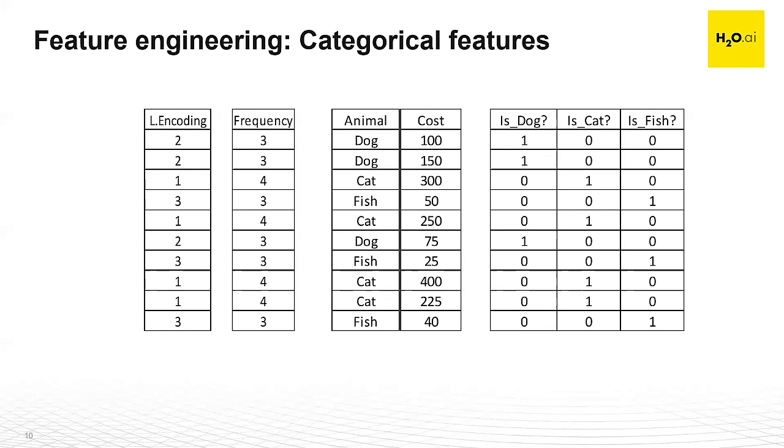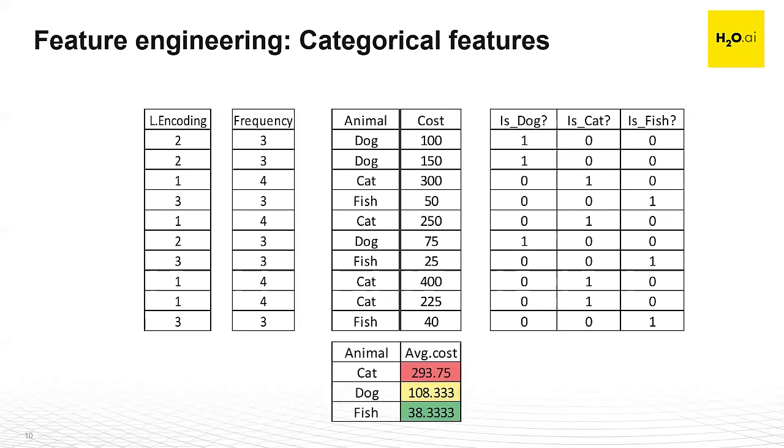Another way to do this is to actually utilize target information. So in this example, let's assume I want to predict something like cost. Cost is what I try to predict, and I can create basically a mapping that estimates for each animal what is the average cost based on the training data.